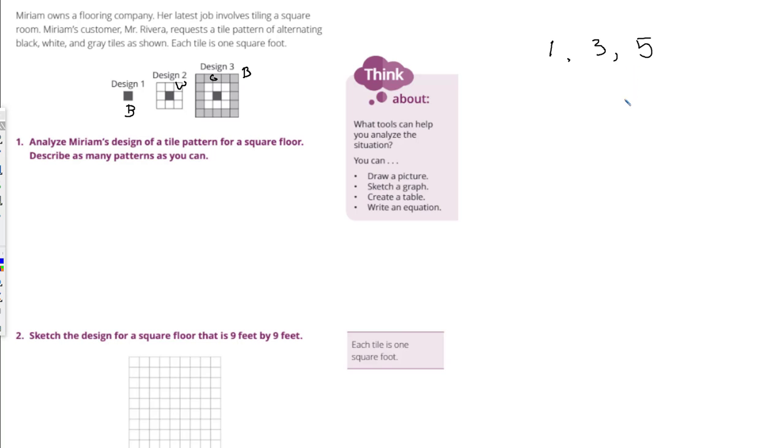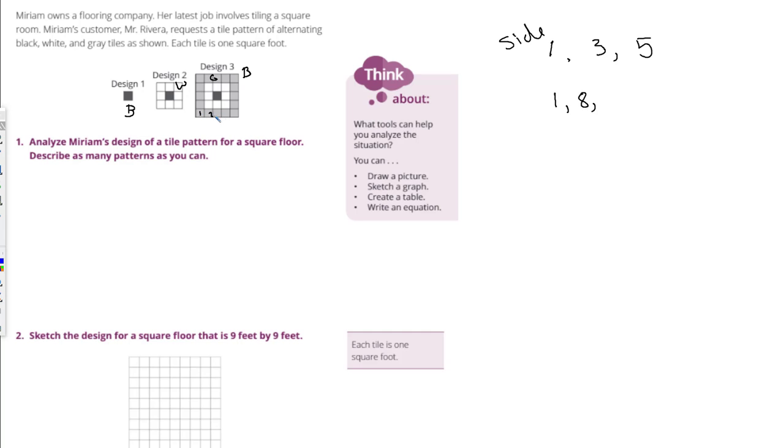The number of new tiles added each time. So this is the side. We can also think about how many new tiles are added. So to get from design 1, we had 1, and then to get to the next one, we add 3, 4, 5, 6, 7, 8. 8 new tiles.